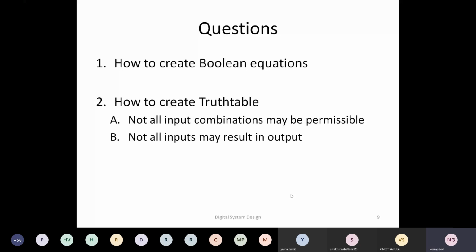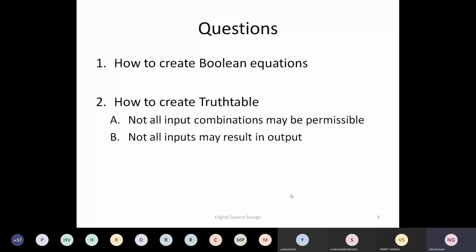The other issue is correlated with the first one: that for some of these inputs you don't know the output. Let's say if non-permissible input combinations come, then you don't know what the output is. Okay, output state is undefined in those cases.